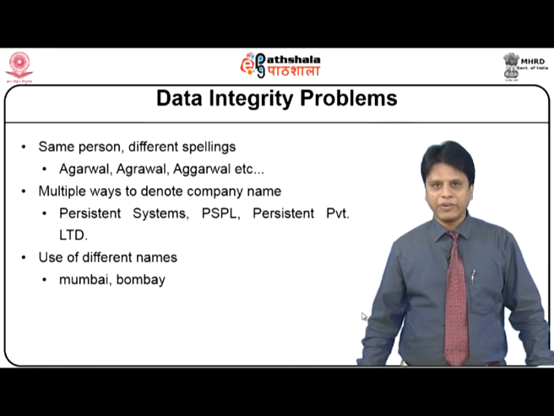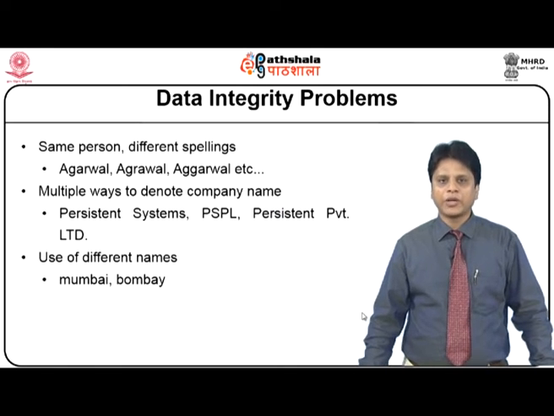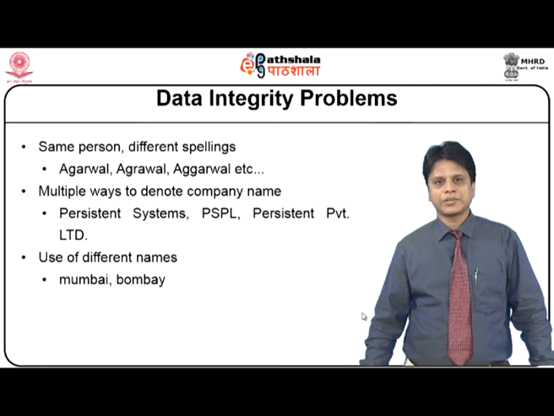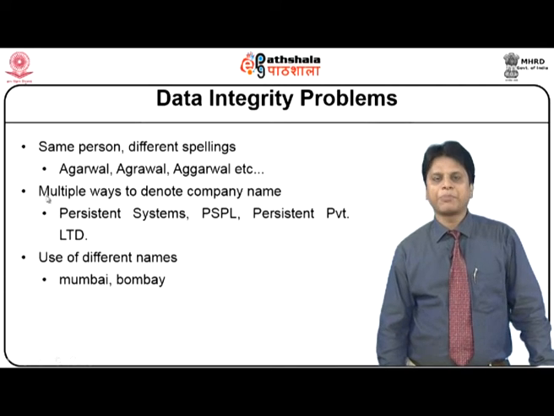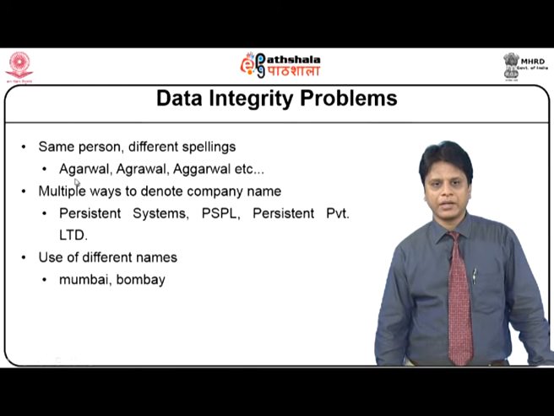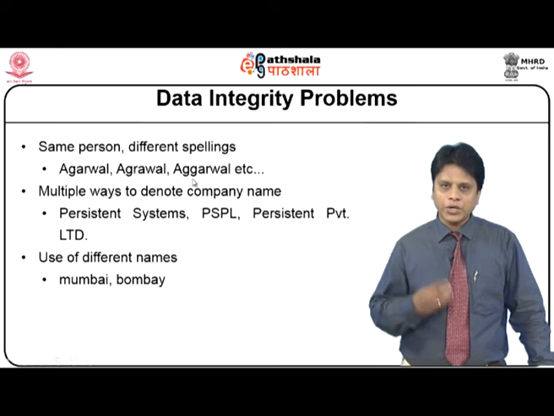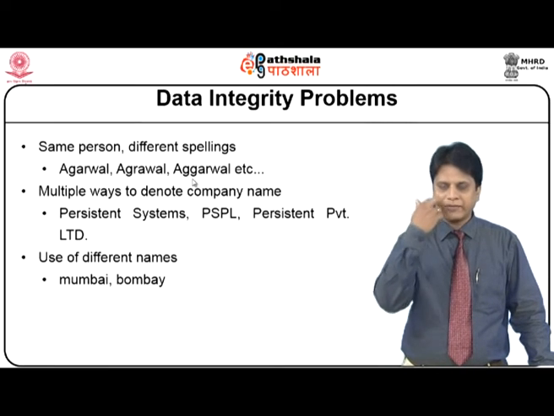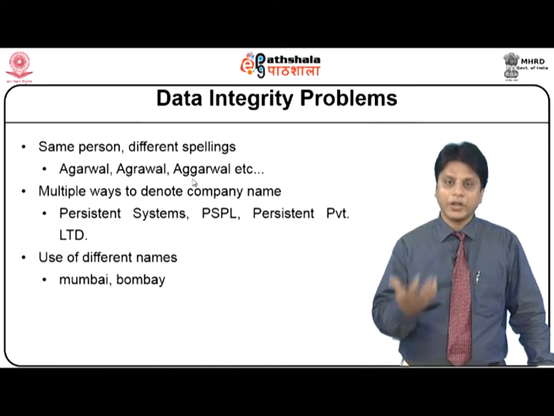So, for converting this, we will come across a lot of data integrity problems, like the same person having different spellings, Agarwal, Agrawal, Agarwal with a G inserted, right. So, this would give us a lot of missing values and integrity issues.